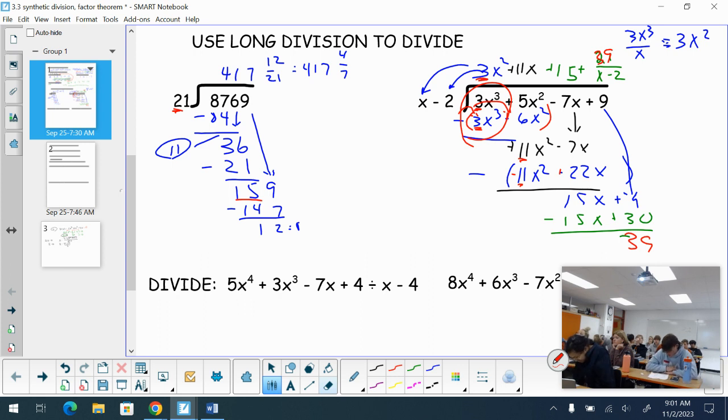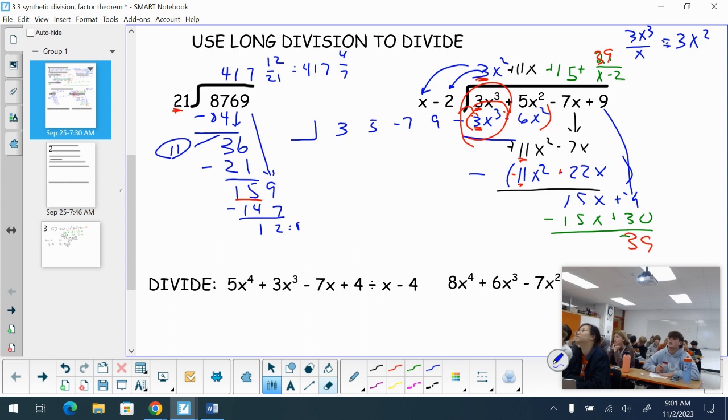So all we're going to worry about with synthetic division is, once again, just our coefficients. If we look at our coefficients here, the values are 3, 5, -7, and 9. This was a given here.